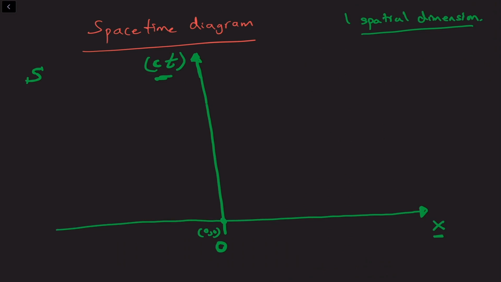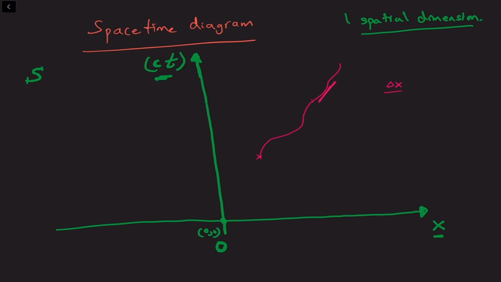And now let's imagine that we have a physical particle, and we track the locus of its space-time coordinates as it moves. So this particle could be moving in this frame S, so it would trace out some trajectory. And the important thing about this trajectory is that if I take the slope at any point, let's say over here, the slope tells me how much distance delta x it covers in a time c delta t.